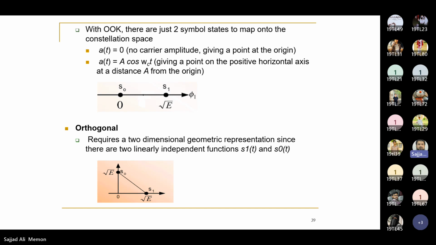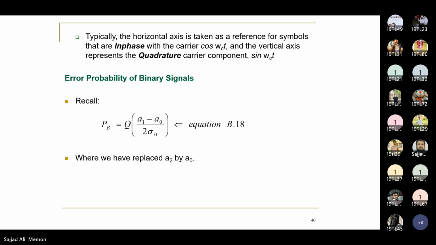Others are the orthogonal signals, which require a two-dimensional geometric representation, since these are two linearly independent functions, S1(t) and S0(t). This one has the same values, amplitude is square root E, but they are orthogonal to each other, meaning one is at 0 degrees and another is at 90 degrees.